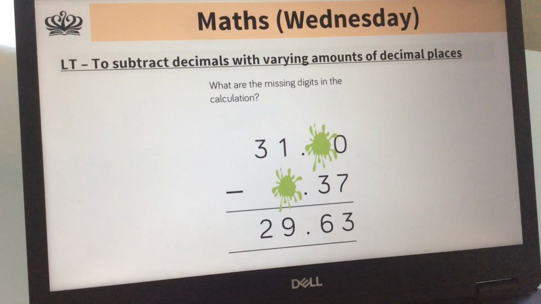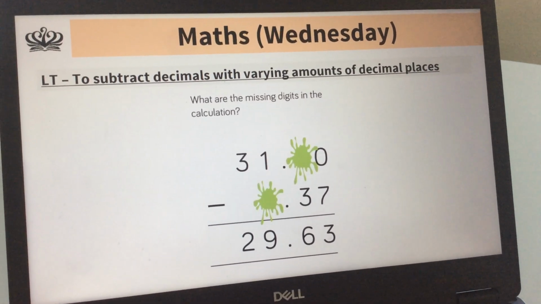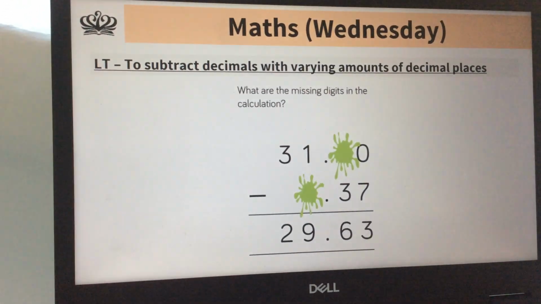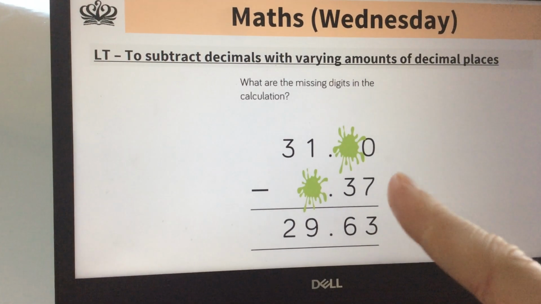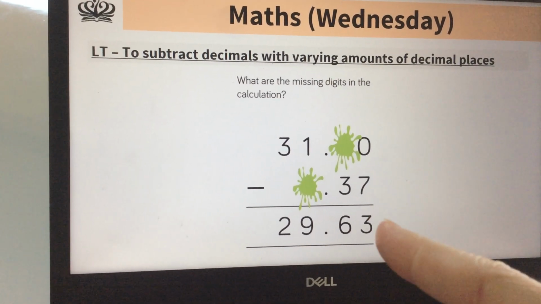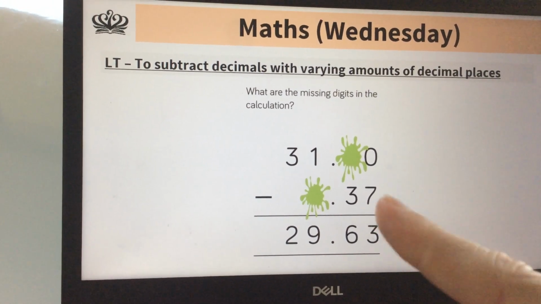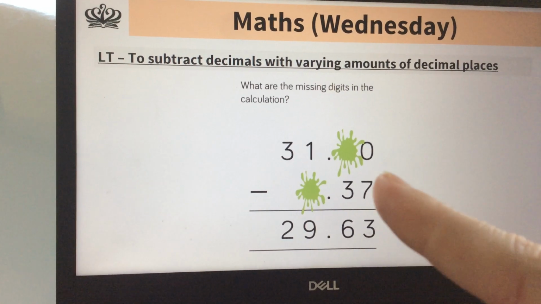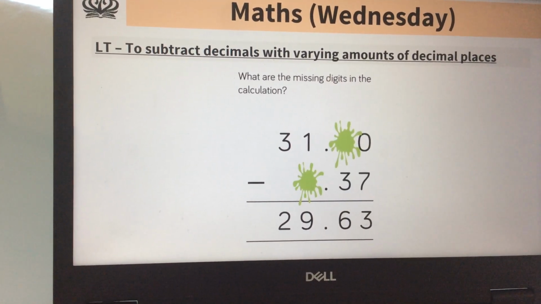Okay, this one's a lovely one. You have got to find the missing digits in the calculation. So you could have a go with using trial and improvement. Okay, starting with the far right. This is a little bit strange because you've got 0 take away 7 equals 3, and that's not going to work. So have a little think about what that number has got to be. If whatever you're taking away 7 from is going to leave you 3, that should help you to work on that one.